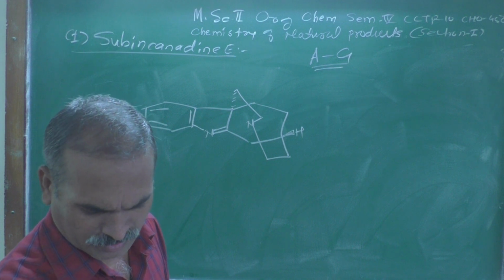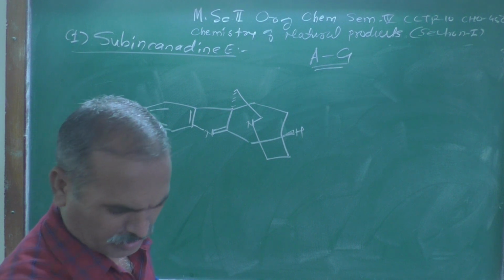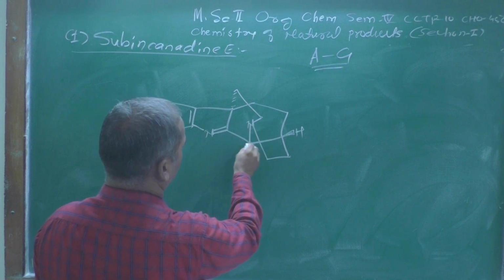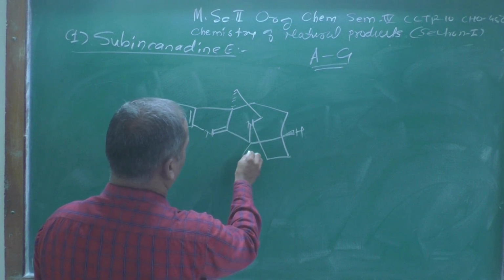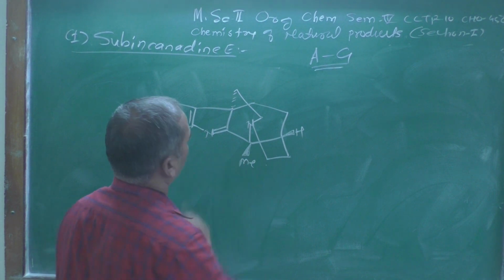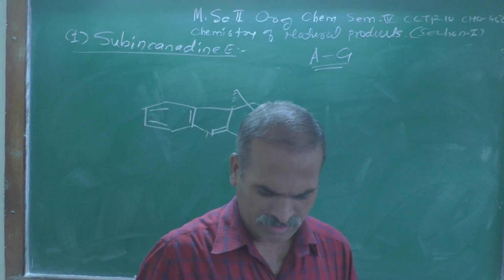Now, one of the nitrogen atoms attaches over here, and here is a methyl group which will be above the plane, and this is the structure.